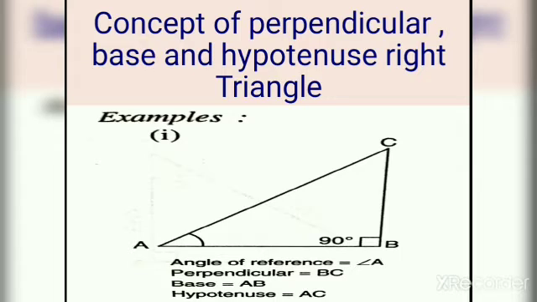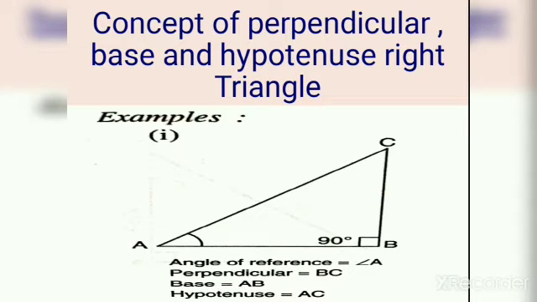You are going to take angle A as a reference angle. This is an acute angle, so opposite to this will be this side. That is, BC is the perpendicular, and the side adjacent to the acute angle, that is AB, will be the base, and the side opposite to the right angle, here the right angle is angle B, will be the hypotenuse. So AC is the hypotenuse.